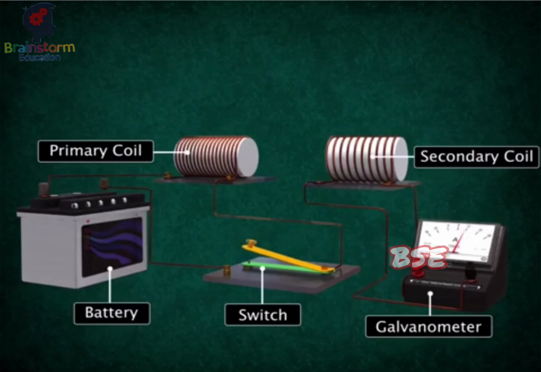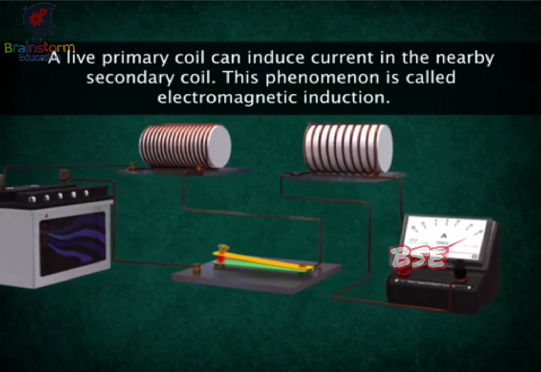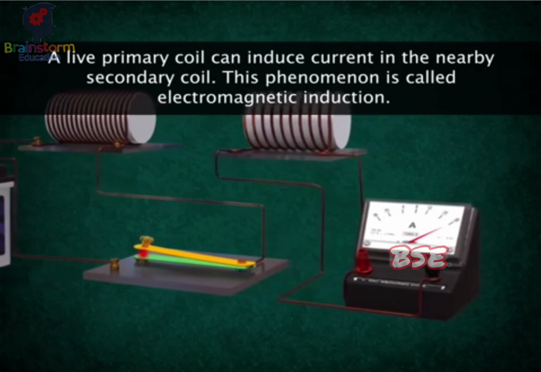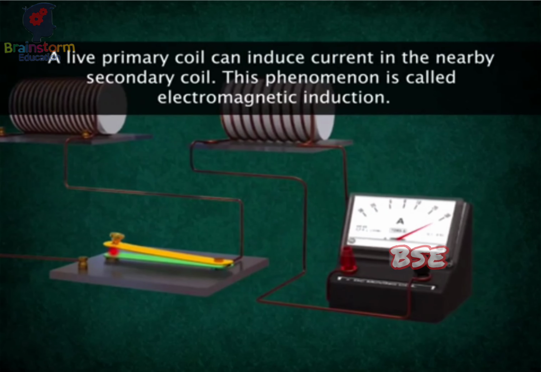When we switch on the primary coil, we can observe a deflection in the galvanometer connected to the secondary coil. This shows a current is induced in the secondary coil. It is obvious that without a magnet, a live primary coil can induce current in the secondary coil. This phenomenon is called electromagnetic induction.